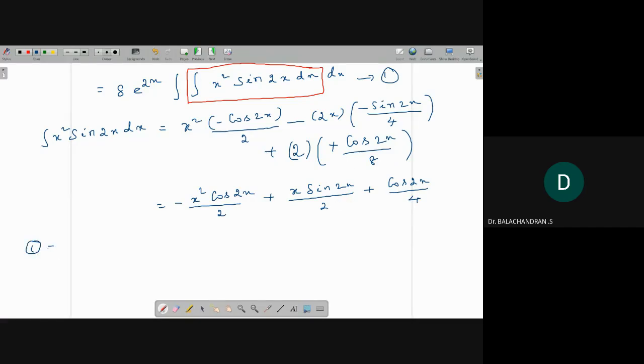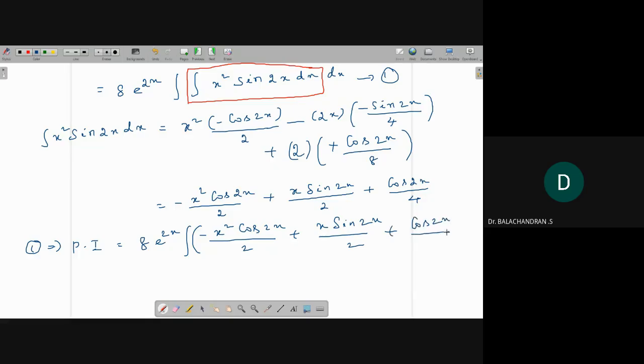Equation 1 implies pi equal to 8 into e power 2x integral of minus x square cos 2x by 2 plus x into sin 2x by 2 plus cos 2x by 4 into dx.